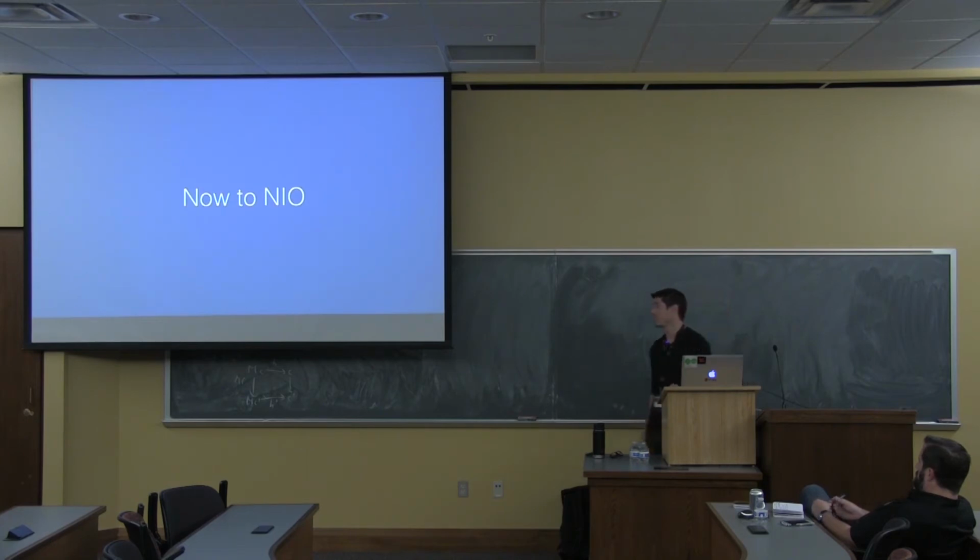All right. Now let's move on to NIO. So what's NIO? Non-blocking IO. You do this on the JVM. It's the idea that you pass some data out, and you're passing a continuation, and it's going to non-blockingly invoke your continuation when there's actual data to be read, that sort of thing.